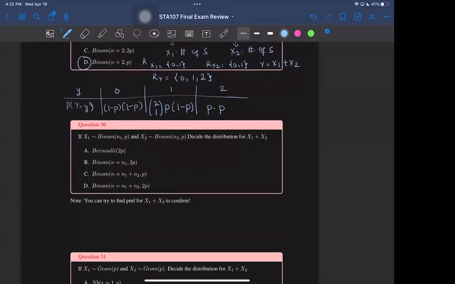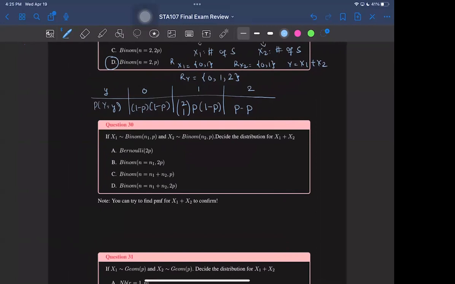You should think about what x1 and x2 represent. So x1 follows a binomial distribution with parameters n1 and p, which means x1 denotes the number of successes in these n1 trials. So you have n1 trials, the probability of success in each trial is equal to p, and you have some amount of success in here.